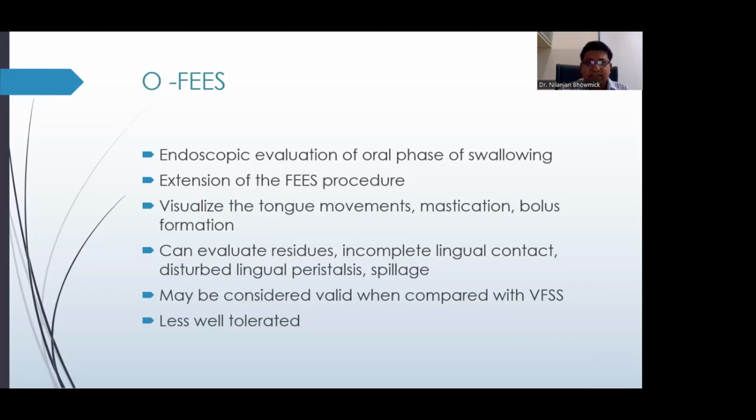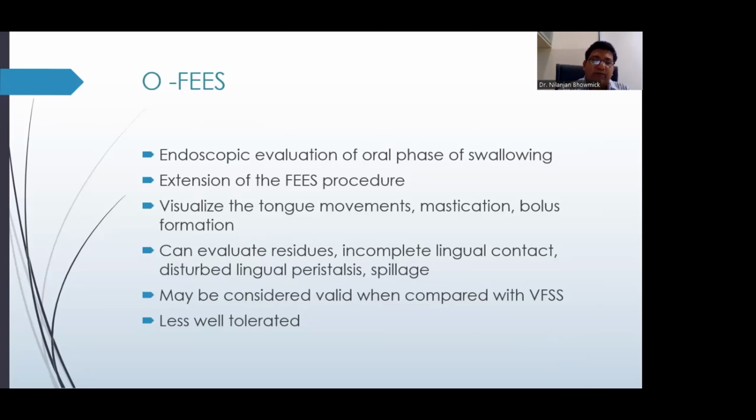So this is definitely something which is worth going forward with. The only problem with this procedure is, since we move on from the nasopharynx into the oropharynx and almost go over the base of tongue, the patients tolerate this procedure a little less.